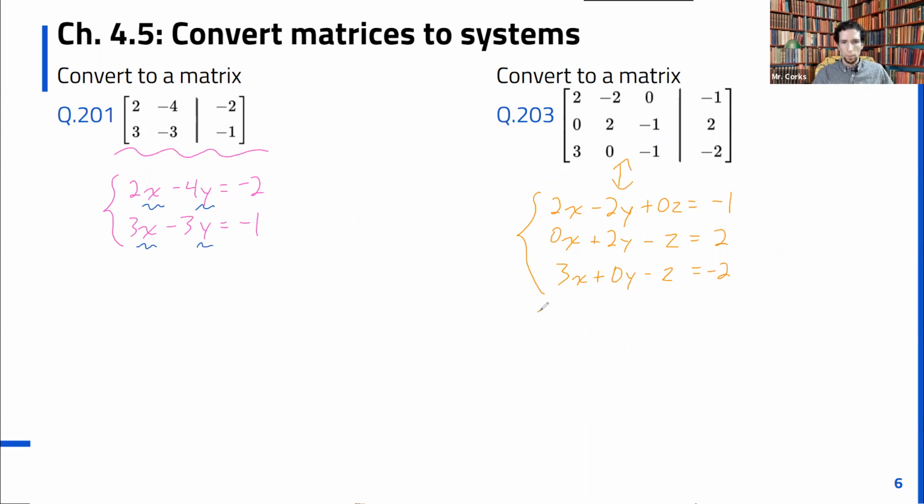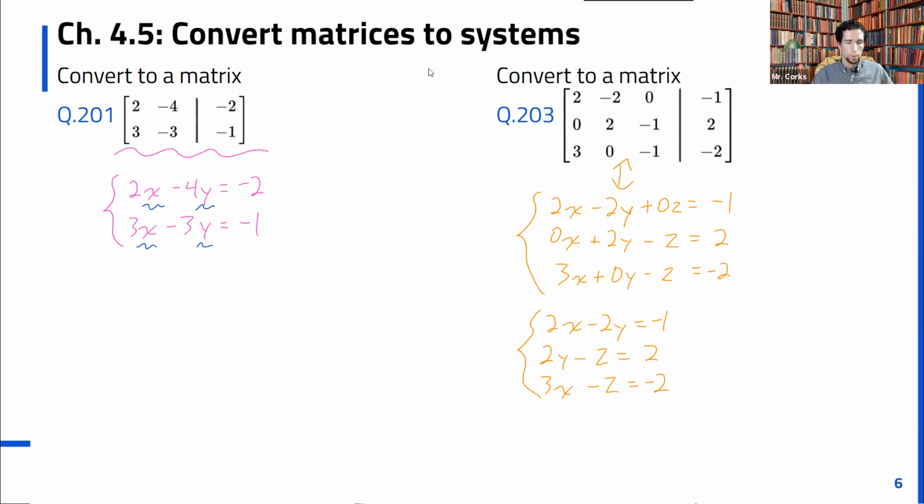And again, normally we would write this without the zeros in there, but I just wanted to do that so you can see how everything lines up. Normally, we would just go straight to this shorter version. So there's the matrix and the system that matches. All right, we'll head over to the next part.